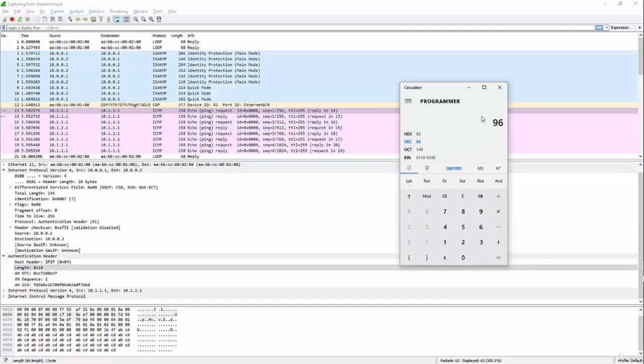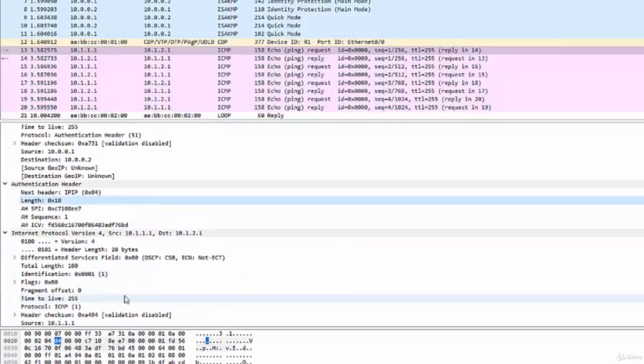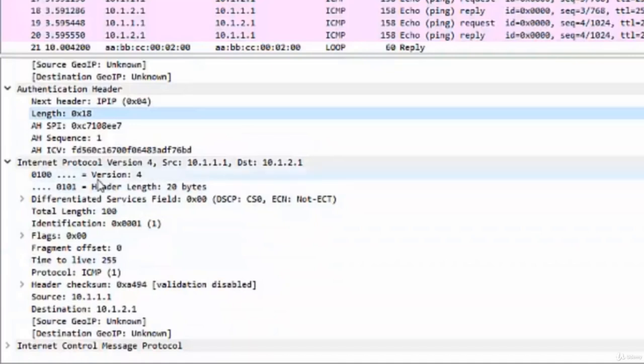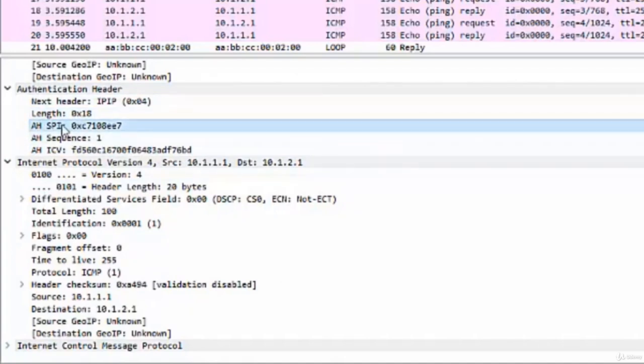That's going to be 768 bits divided by 8, this is 96 bytes. This is the total size of this header. And then you have the original packet that was sent, which is the ping packet between the source and destination 10.1.1.1 to 10.1.2.1. So this is basically the original packet that's encapsulated.